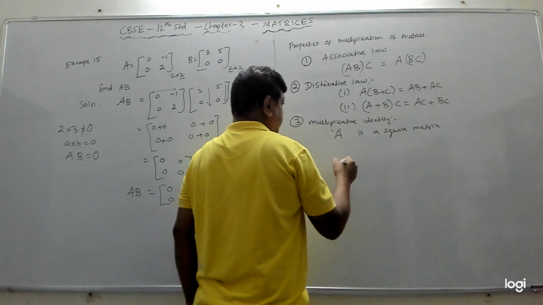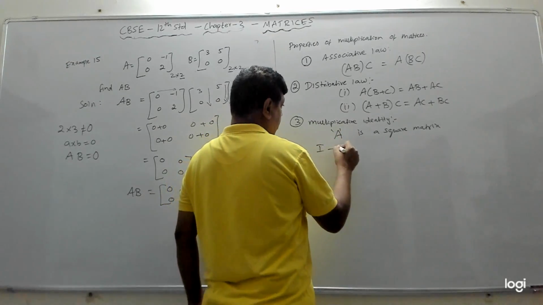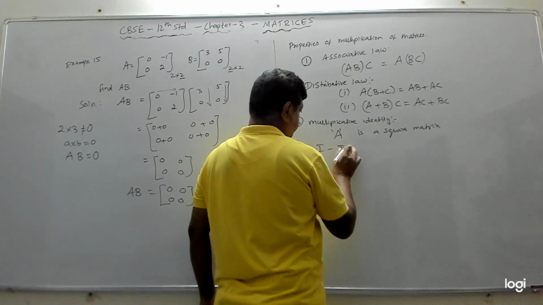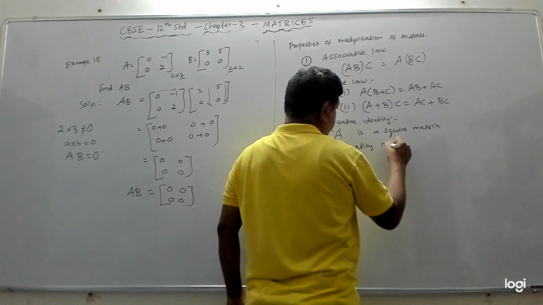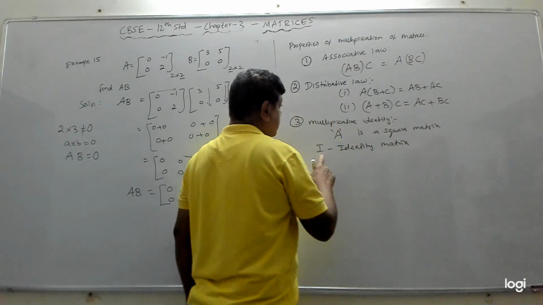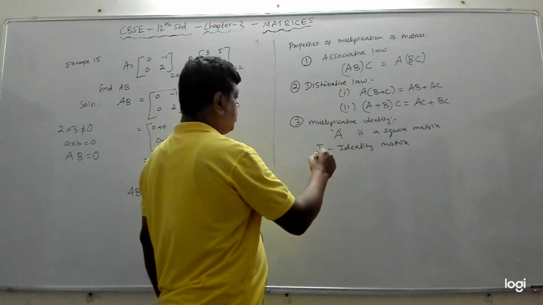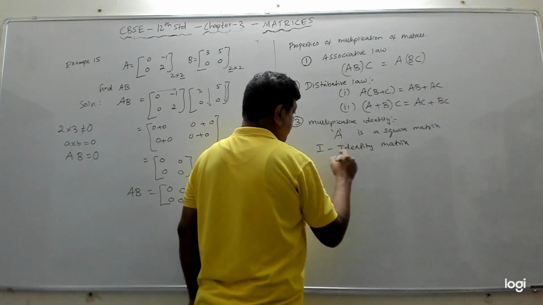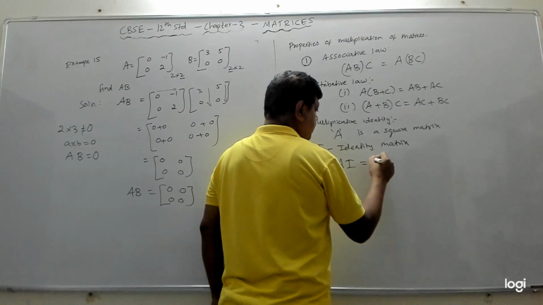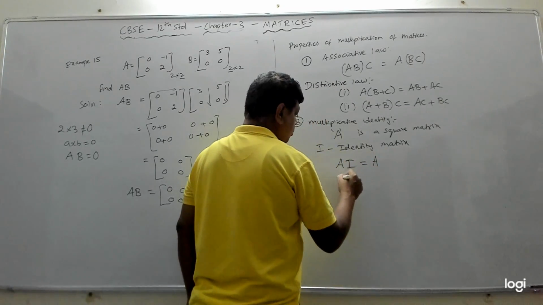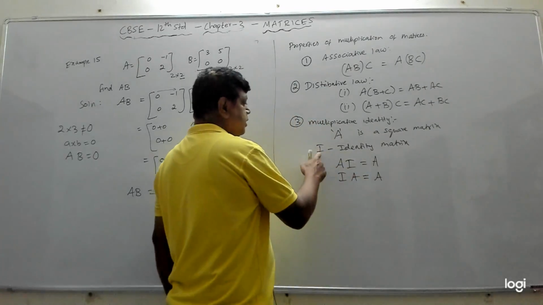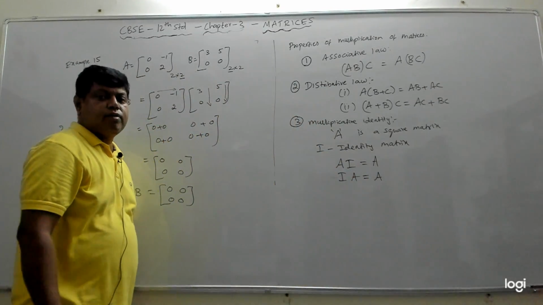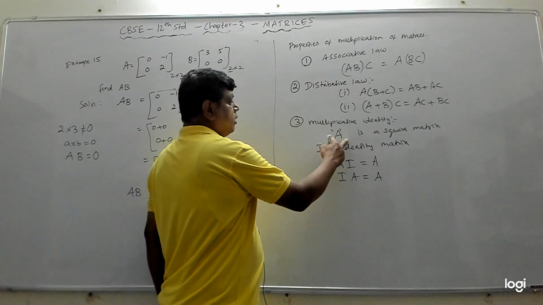We have I, which is called the identity matrix. This matrix I is called the multiplicative identity because if I multiply the matrix A with the I matrix, I will get the same A matrix. Or if I do I with the A matrix, then also I will get the same matrix A. That is why this I is called the identity matrix for A.